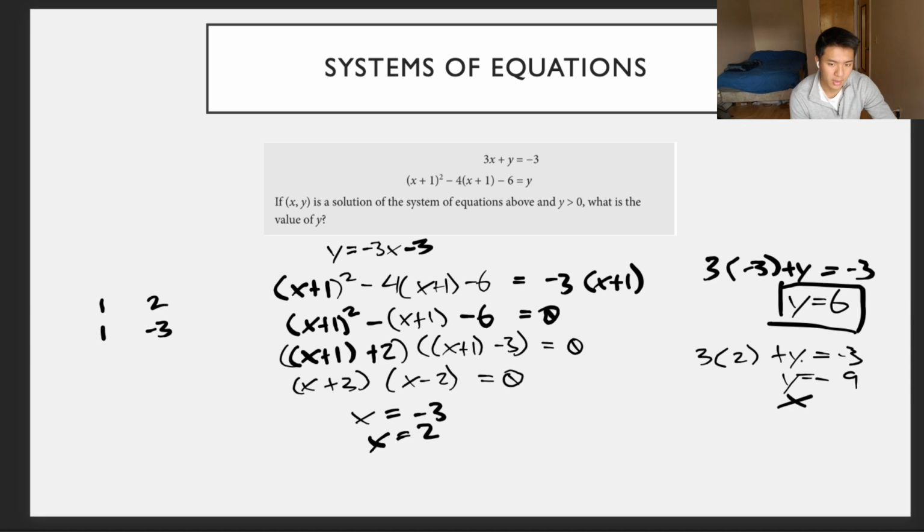Okay, so again, we treat this the same as a regular systems of equations. We still go about using the substitution approach, and we see that there's also an opportunity here to simplify our work by keeping the term x plus 1 in the quadratic form rather than multiplying it out.